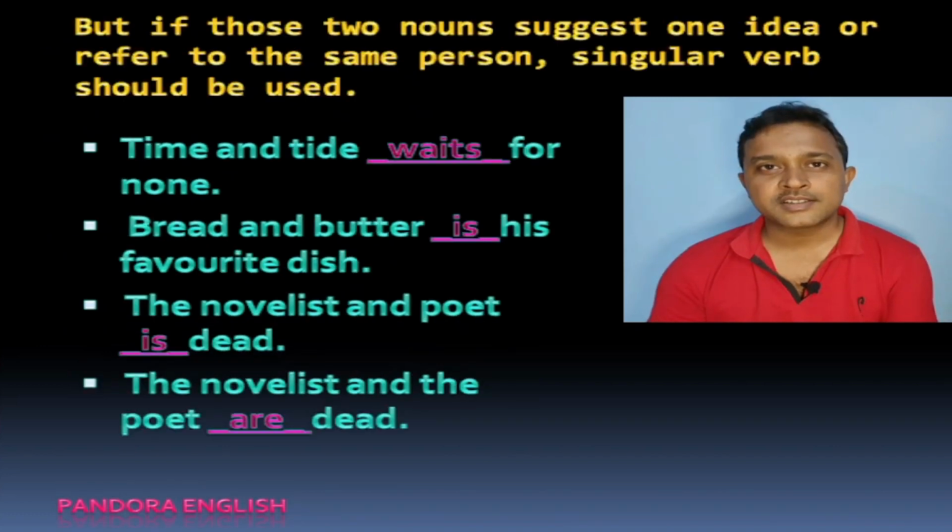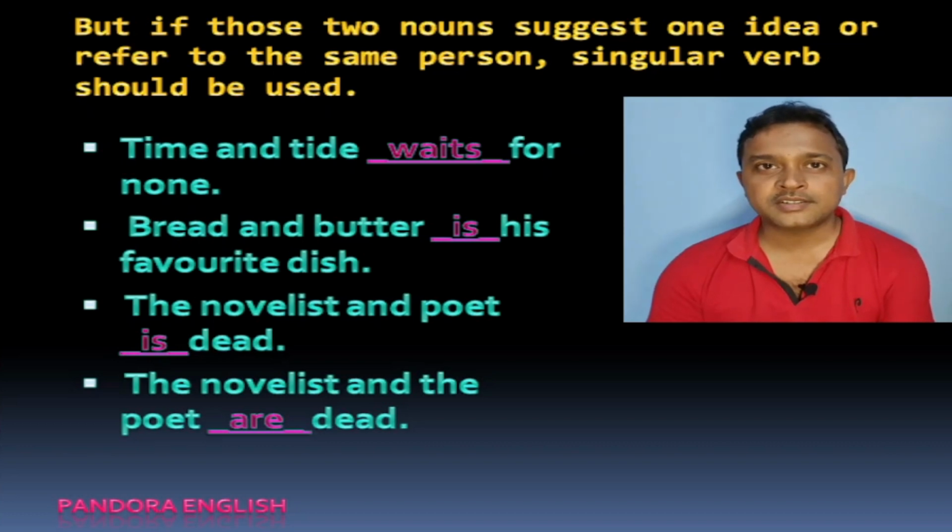So the correct answers will be: time and tide waits for none, because time and tide combined by and express a single idea. Similarly, bread and butter, though joined by and, is a single dish, and that's why it requires the verb is.